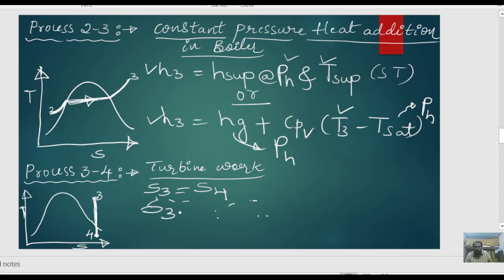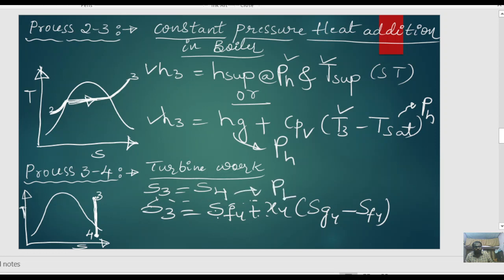From this, S3 is equal to SF4 plus X4 times SG4 minus SF4. The 4 means all these are conditions at lower pressure. Remember, all these are conditions at lower pressure.